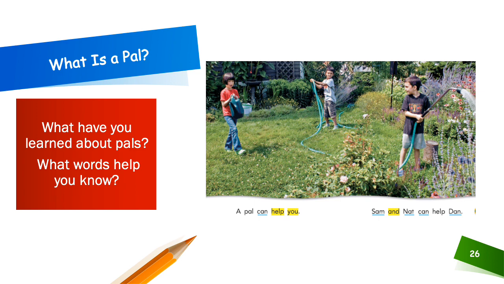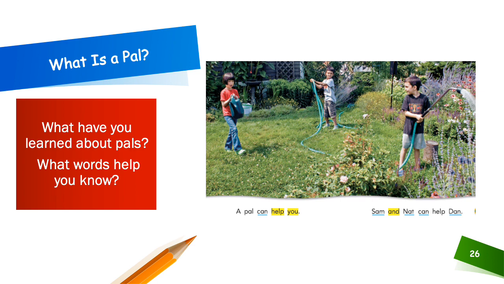A pal can help you. Sam and Nat can help Dan. Will you read this with me? Let's start from the first page. A pal can help you. Sam and Nat can help Dan. So what did we just learn about pals?